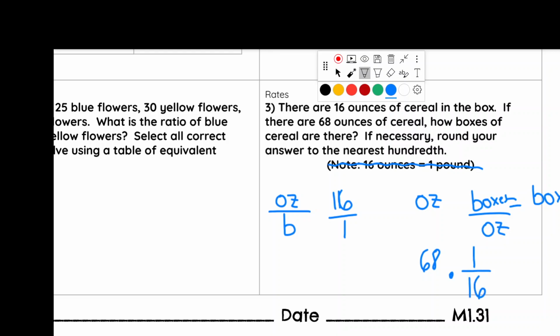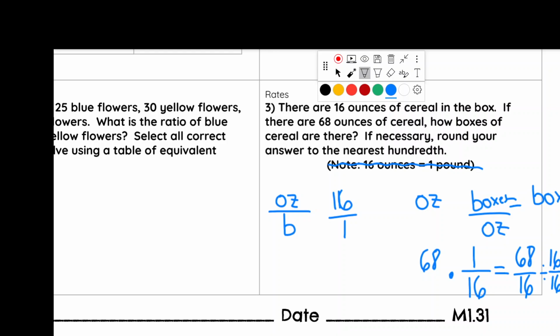And this is a rate question, so I can get my calculator. And I have 68 over 16 and get down to one box, divide by 16. Pull up my calculator here. 68 divided by 16.